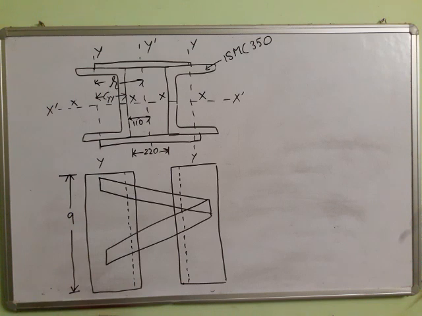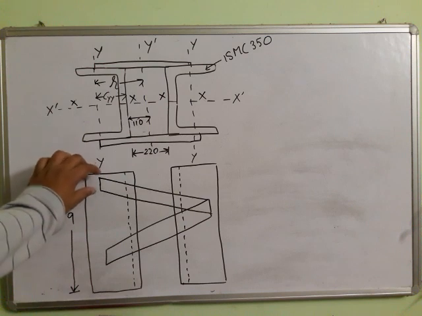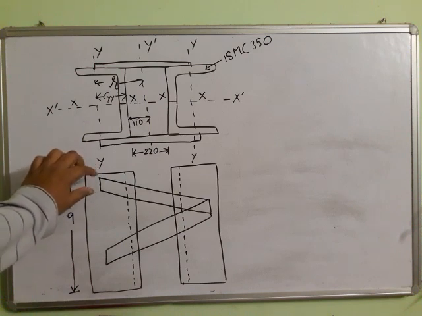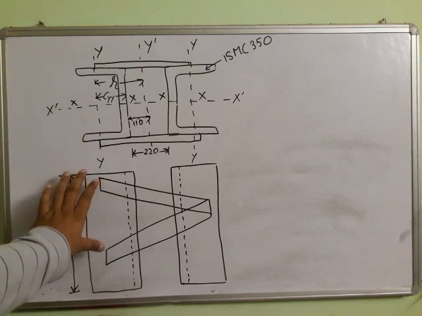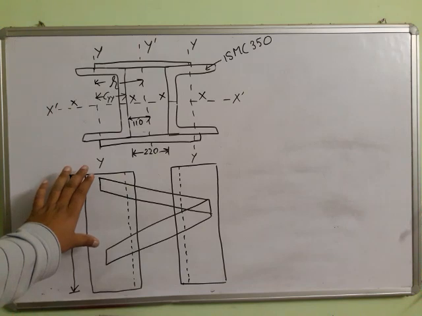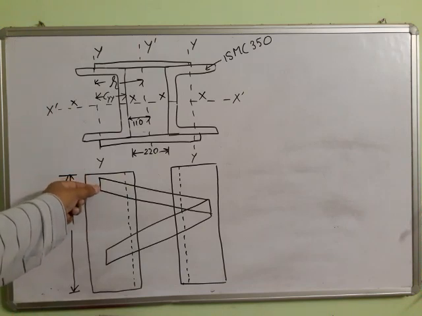So what we have to do here, we'll not go into the detailed calculation of the lacing because we'll be doing it in the next class, but I will just tell you the objectives. We have to find out the width of the lacing, the length, the spacing, and the thickness.